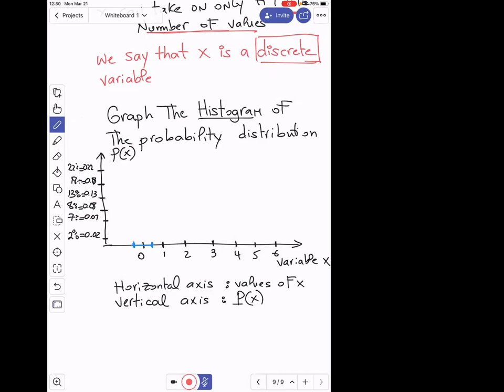So we go up to 7% here. This represents the probability of x equal to 0. The next value of x is 1, and the probability is 13%. So I take the interval with 1 in the middle, and I go up to 13%, right here.